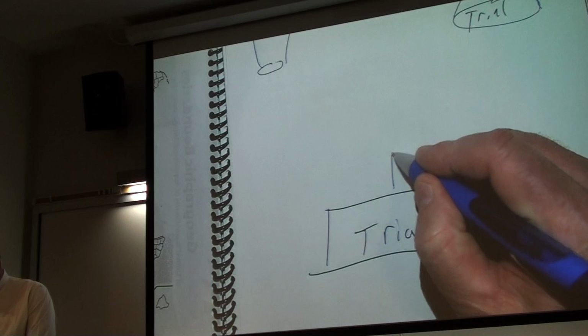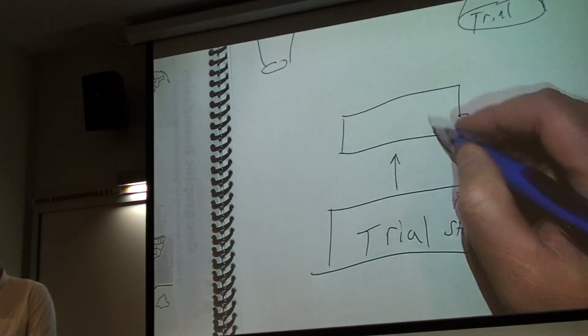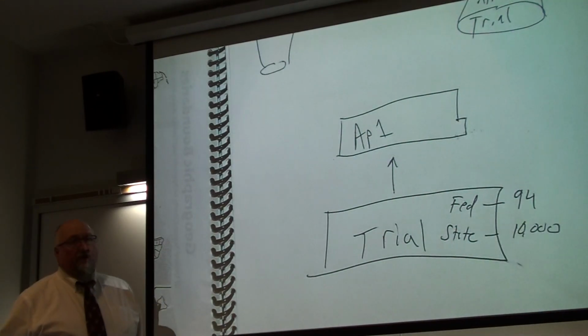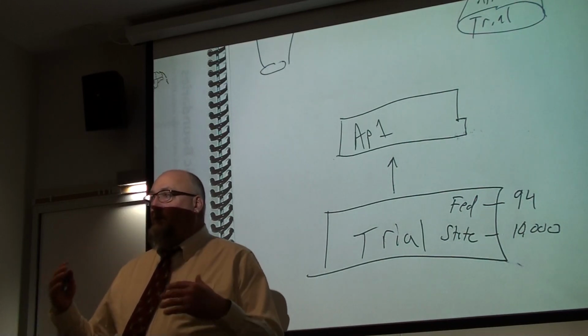So the next step is the first level appellate court. Remember, an appellate court is like the video booth upstairs in football.